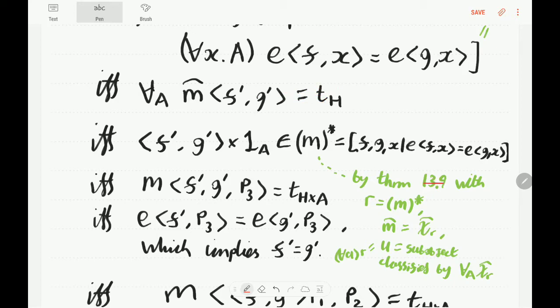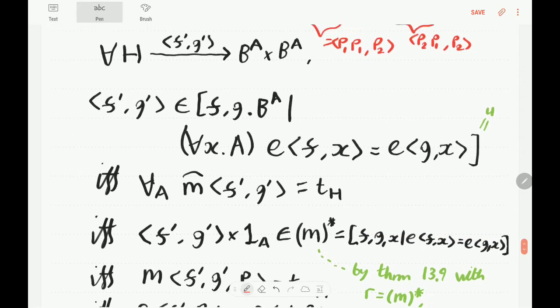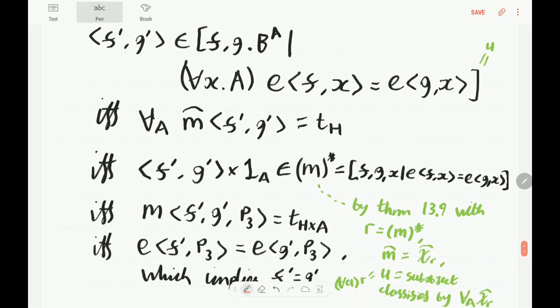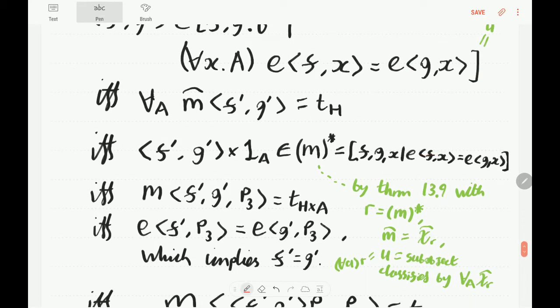According to theorem 13.9, that happens precisely when f dash comma g dash times 1 is in R, where R is m star, which is this extension over the stuff here, just forgetting about this for a bit, just here. And this is basically the stuff we use for the m.